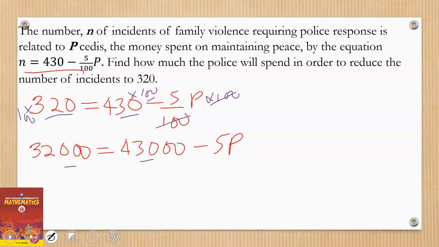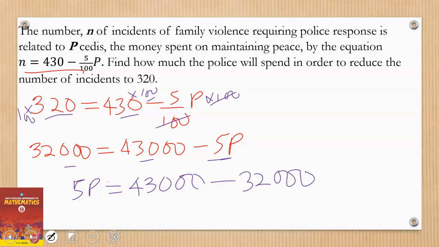Trying to make P the subject, I could move this P here to become positive, and then have my 43,000 minus 32,000. Now when we do simple subtraction here, we have our 5P should be equal to 43,000 minus 32,000, which will give us 11,000, right?